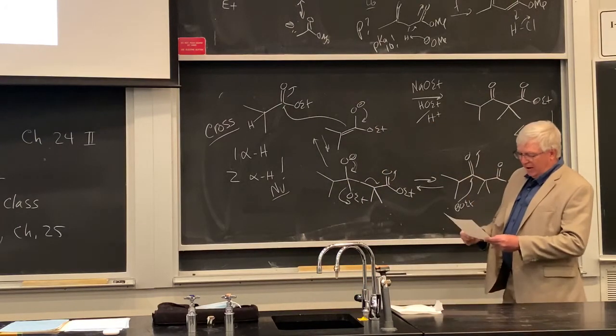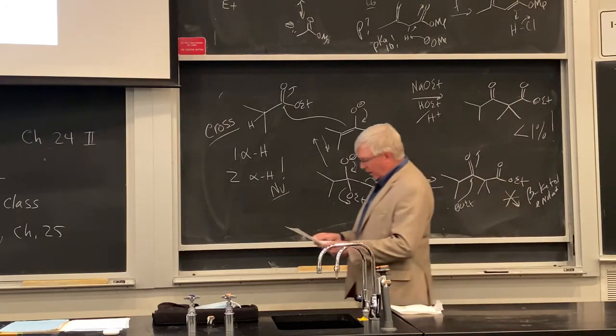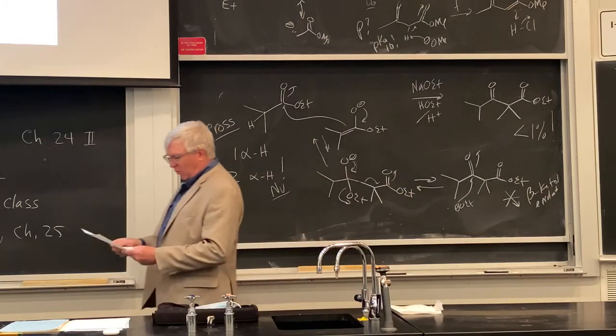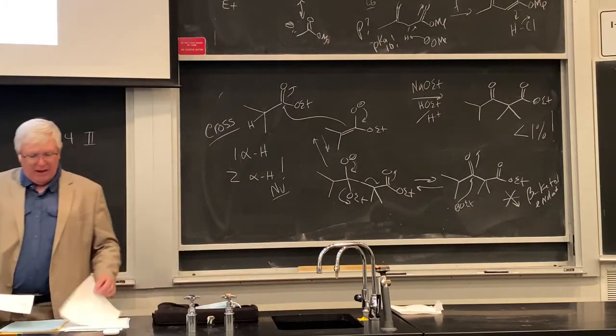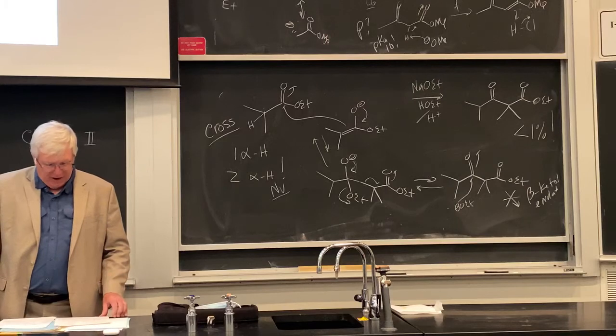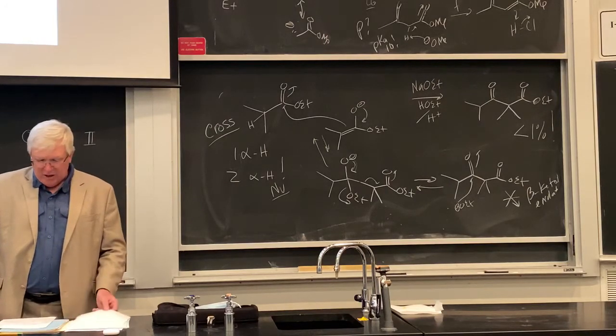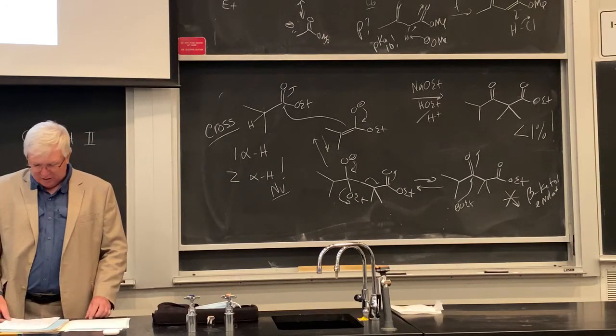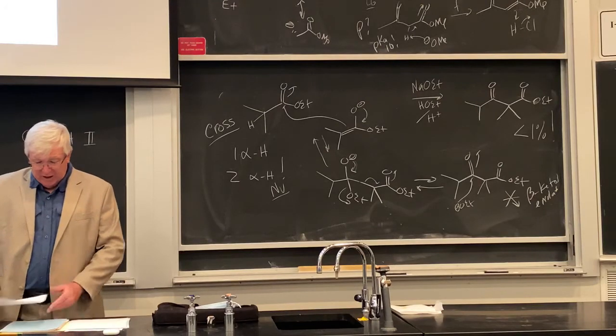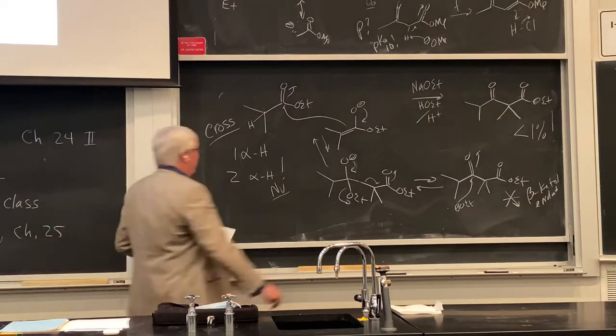So that means what? In the crossed aldol, if you've got some where the electrophile doesn't have the 2 alpha hydrogens, you can do good crossed aldol reactions. So let's see. What can we do here?